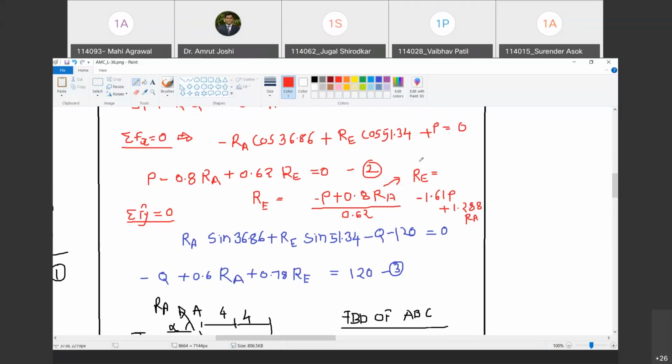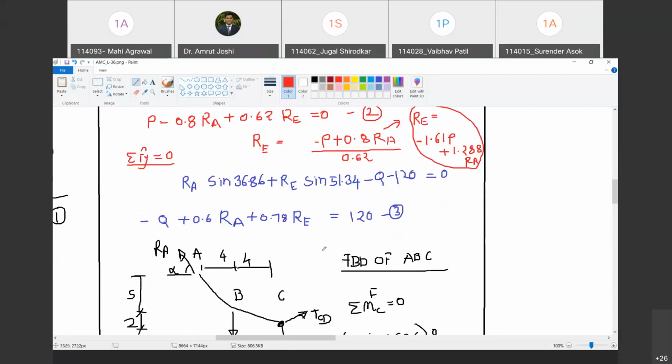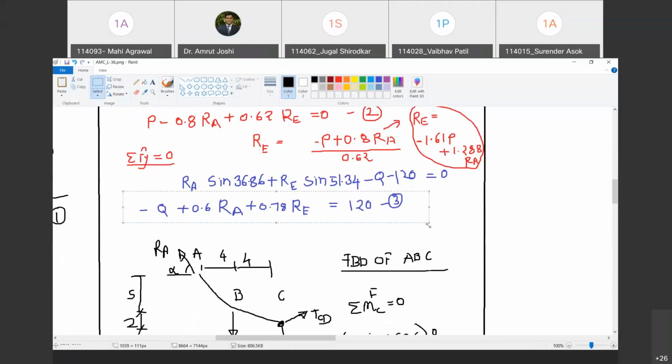So now this value of RE I am going to substitute in the next equation so that RE gets eliminated. So what is the next equation that I will get? Let me write that here. I am going to keep minus Q as it is, plus 0.6 RA as it is. Are you with me? Yes, sir.